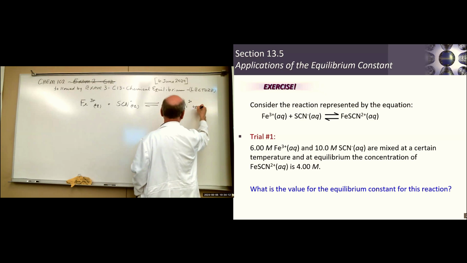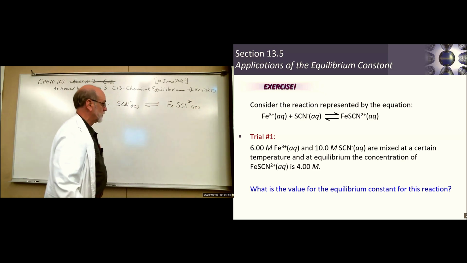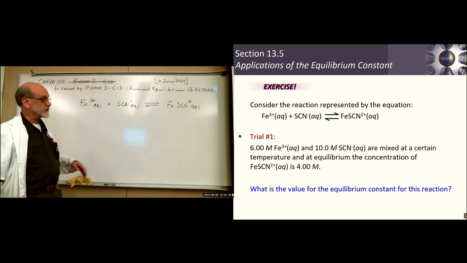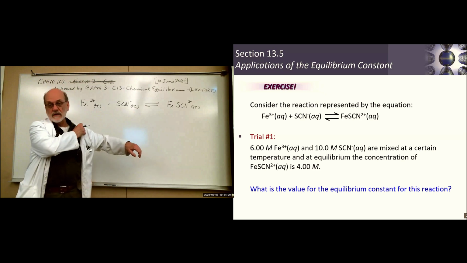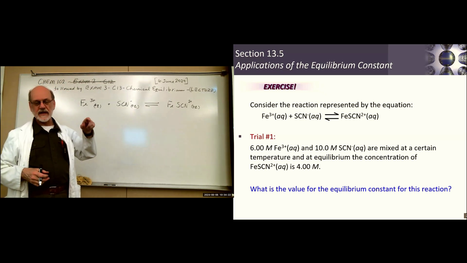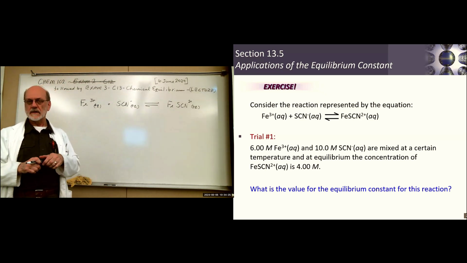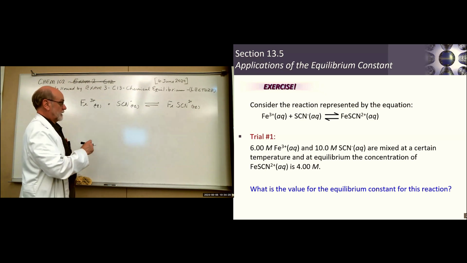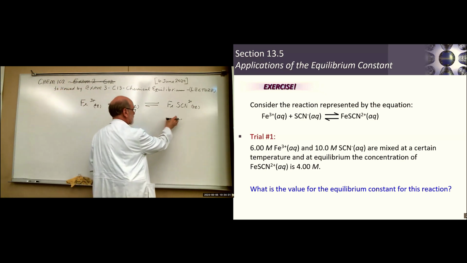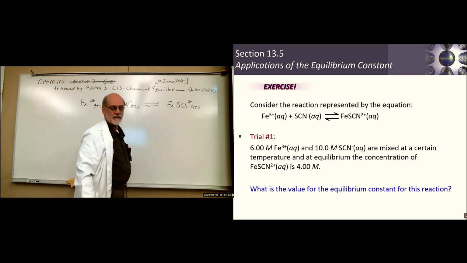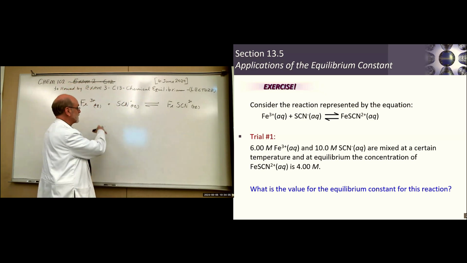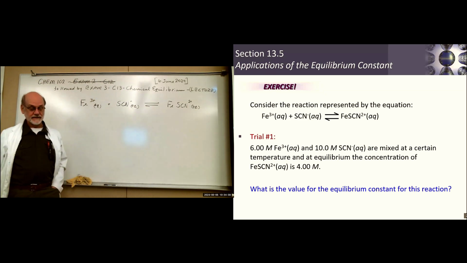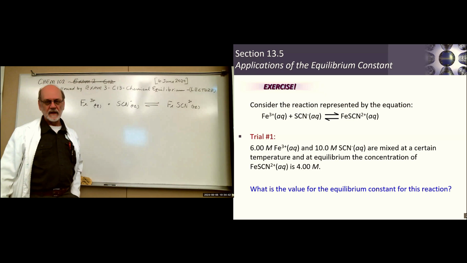This is aqueous. When we get to chapter 16, we'll talk a little bit more about that. And actually, you'll be using this reaction in not today's lab, but the next lab we do, the Le Chatelier's principle, because this is a brick red compound. It's obvious when you put these two together, you get that, and it's just boom. There's no mistaking it.